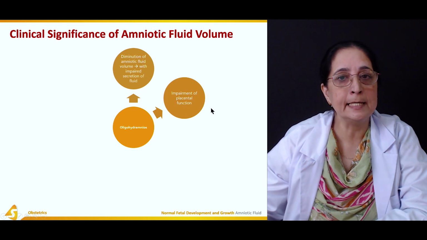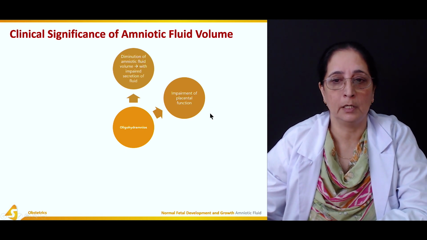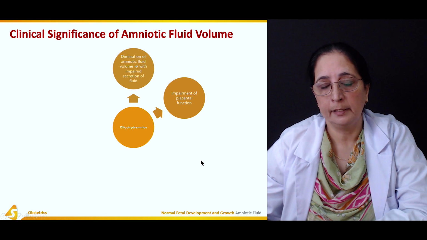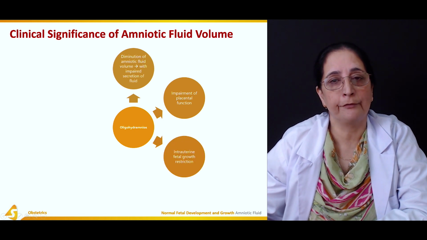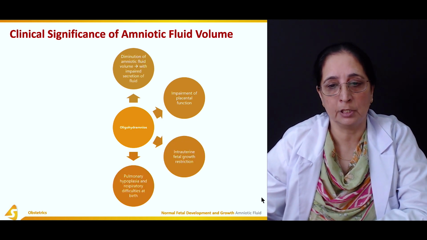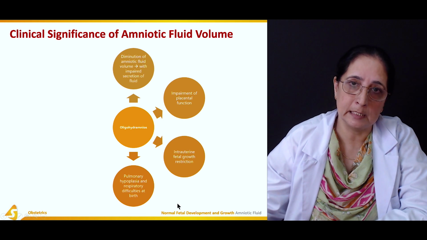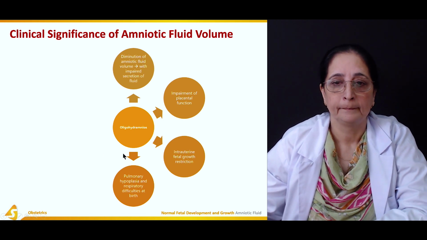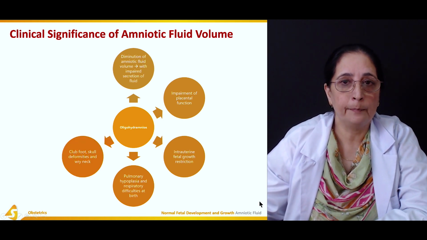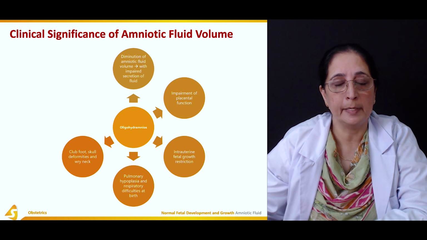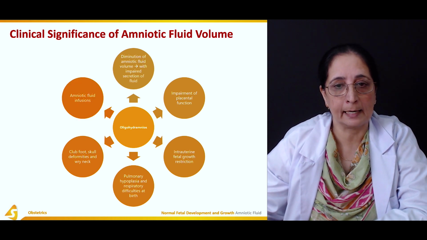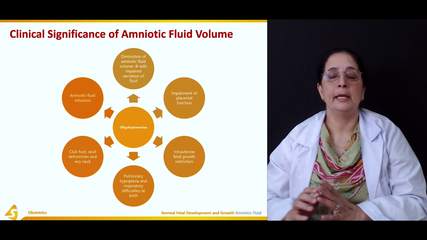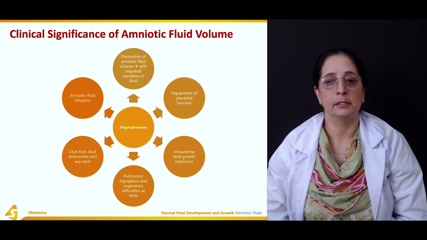Impairment of placental function occurs with oligohydramnios. There is intrauterine growth retardation or restriction, pulmonary hypoplasia, and respiratory difficulties at birth. And then there is clubfoot, skull deformities, and wry neck. Amniotic fluid infusions are done.